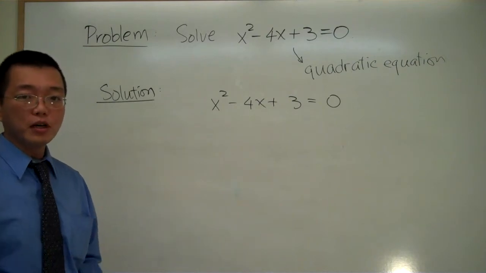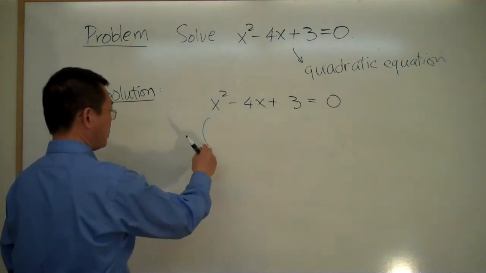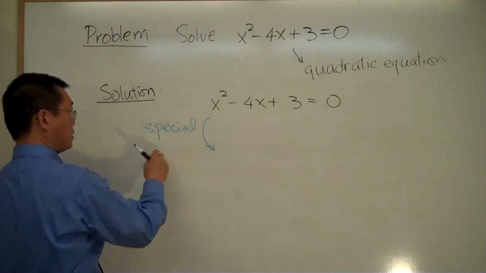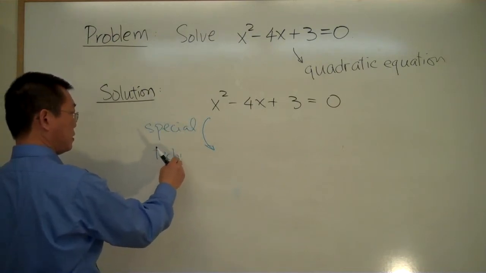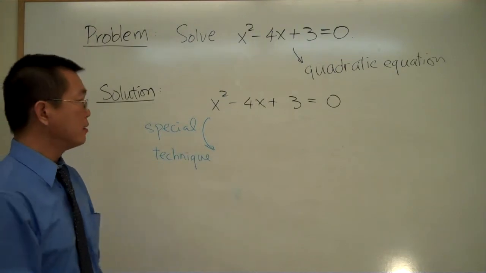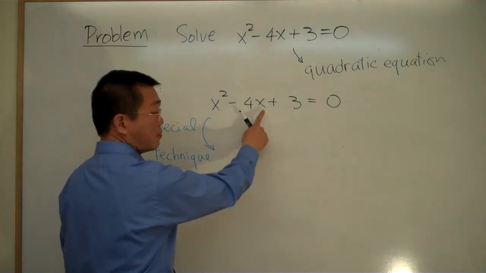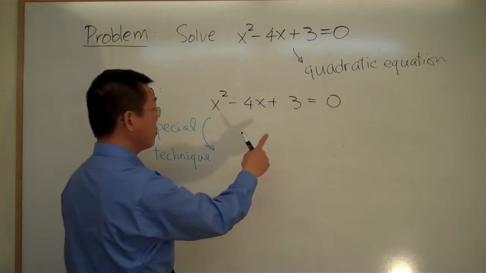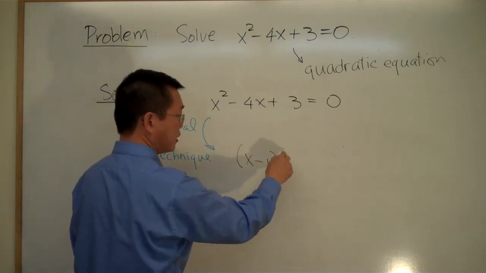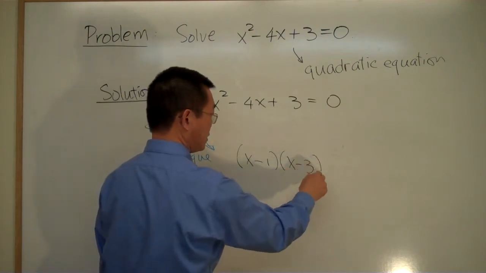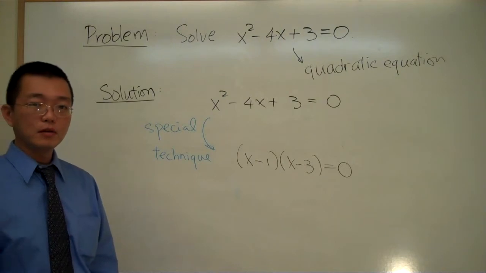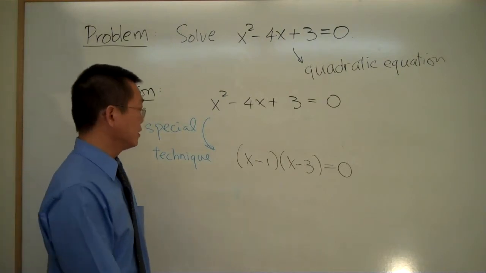Now, what if I were to tell you that there is a special technique that would allow me to make this into the product of x minus 1 times x minus 3 equals 0? Wouldn't that be a wonderful thing?